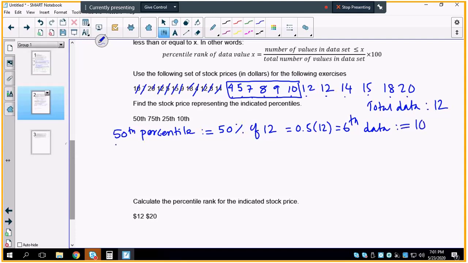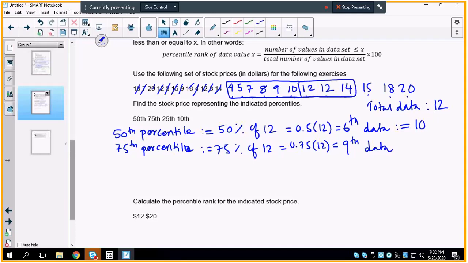Now we're going to find the 75th percentile. It's a similar process. The 75th percentile is 75% of 12, which is 0.75 of 12, and that is going to be the 9th data. So we count the 9th data: 1, 2, 3, 4, 5, 6, 7, 8, 9. So that is 14.